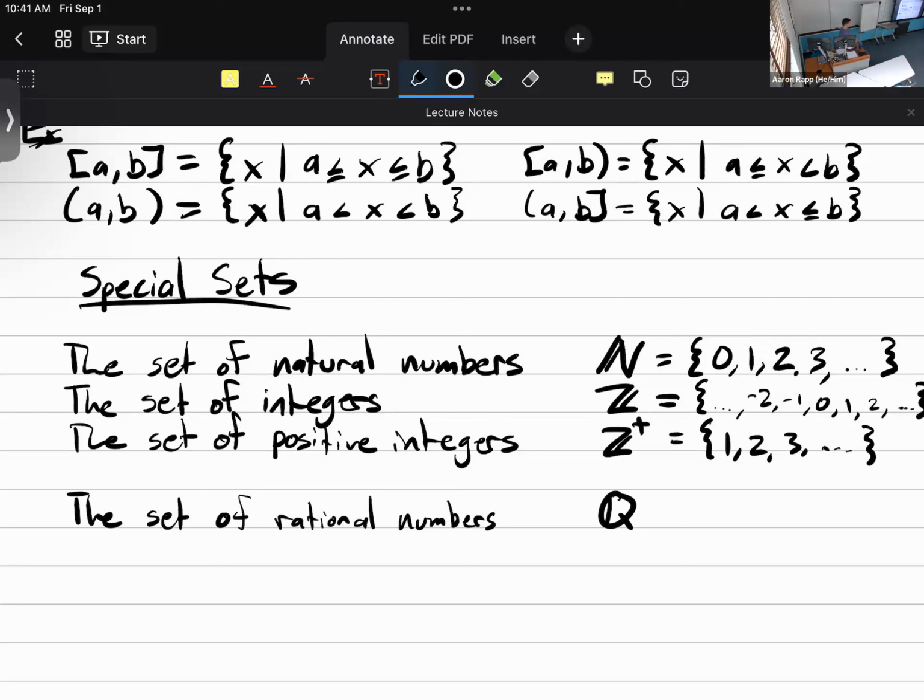That's not saying why mathematicians chose Q. That's just what helped me remember. The set of all p over q, such that p and q are elements of the integers, with q not equal to 0.